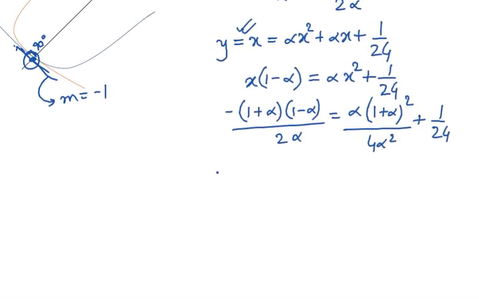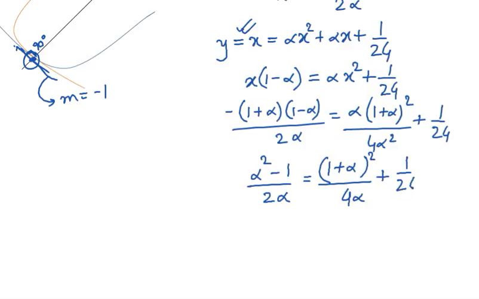So let's try to find out the value of alpha from here. So this is giving us (alpha square minus 1) by 2 alpha is equal to (1 plus alpha) whole square divided by 4 alpha plus 1 by 24. So let's try to simplify this equation further.